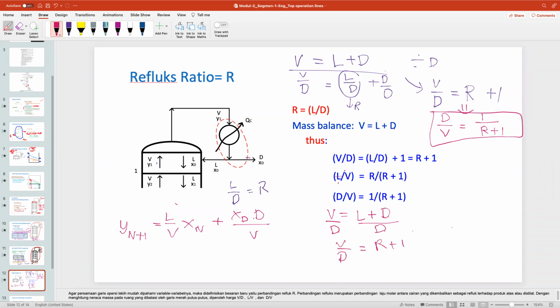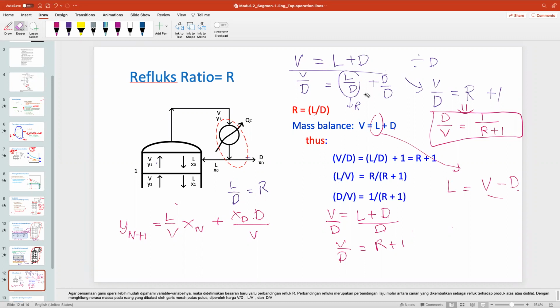Then with that, find L from L equals V minus D, and then you can get L divided by V equals R over R plus 1.